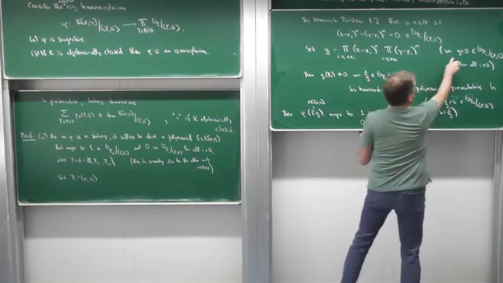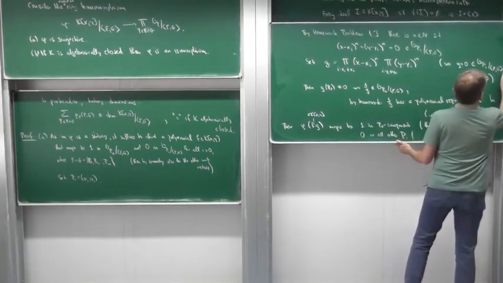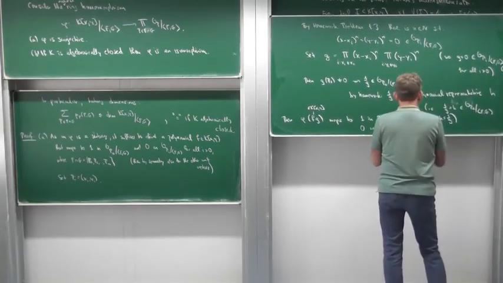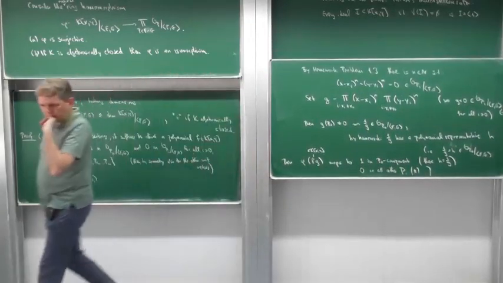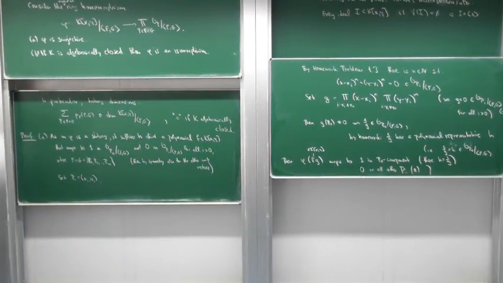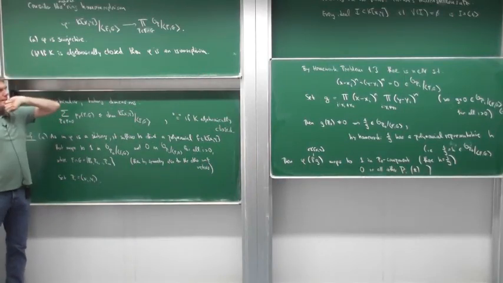And that's the statement from up here. Right? Statement here. And that's the first part. So that means that this map is always surjective.